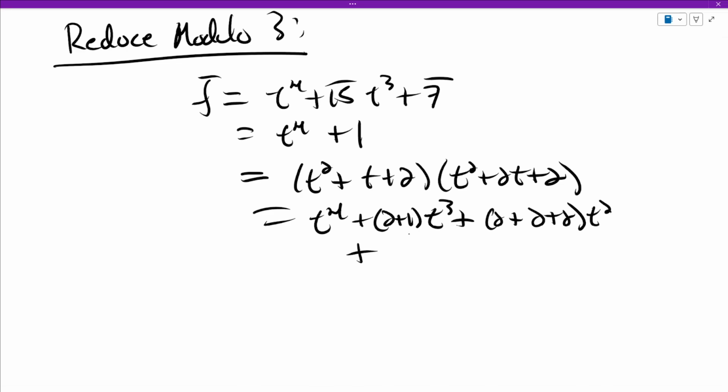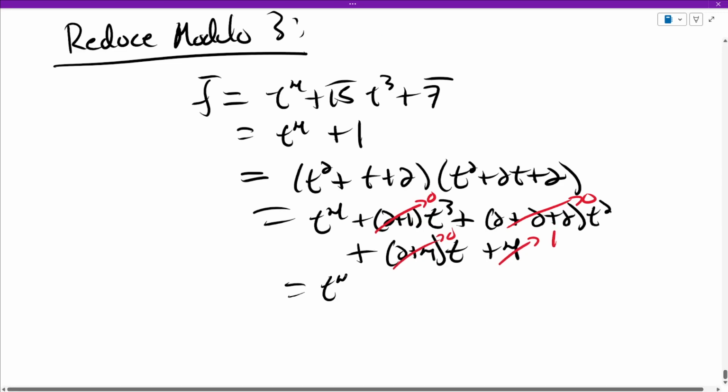And then for our linear terms, we're going to get 2t plus 4t, so 2 plus 4. And then for our constant term, it's going to be 2 times 2 is 4. All right, 2 plus 1 is 3, mod 3 is 0. 2 plus 2 plus 2 is 6, mod 3 is 0. 2 plus 4 is 6, mod 3 is 0. 4 mod 3 is 1. We do, in fact, get t to the 4th plus 1.